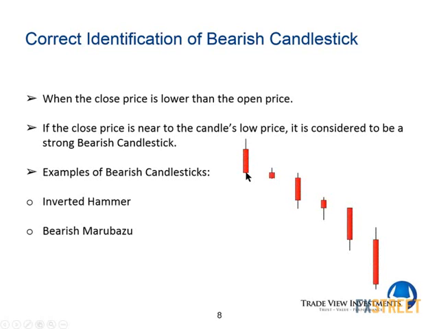I generally prefer to color the body red for bearish and green for bullish. You can select any color; many people prefer black and white. So this first candle in front of you is a bearish Marubozu because it has no wick or shadow at the end, or a very negligible one. Yep. So this is a bearish Marubozu. All right.